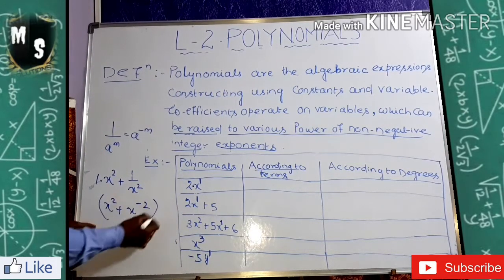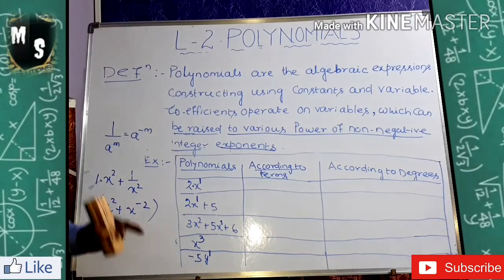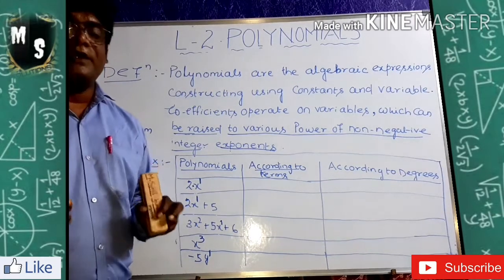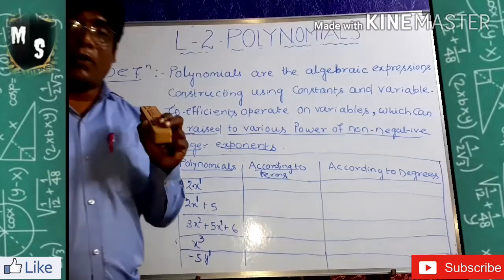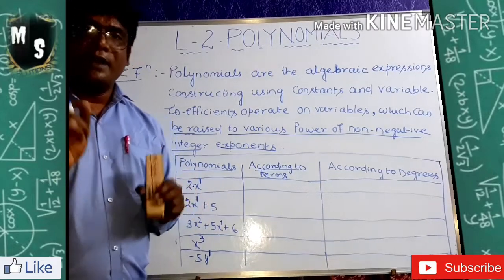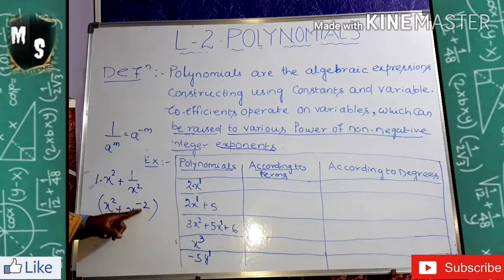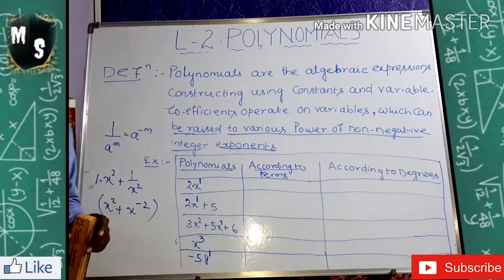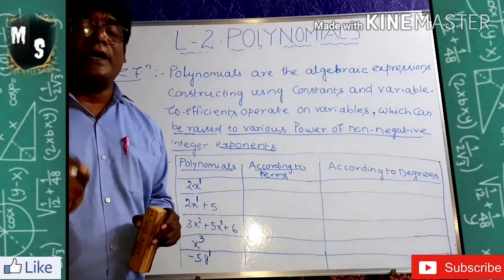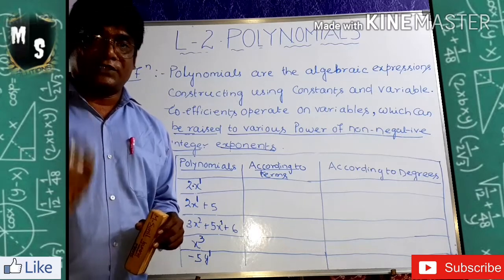Look at this expression. This is an algebraic expression, but it cannot be considered a polynomial expression. Why? Because the variable power is a negative integer. Here it is a positive integer, here it is a negative integer. So definitely this expression does not belong to polynomial expressions.